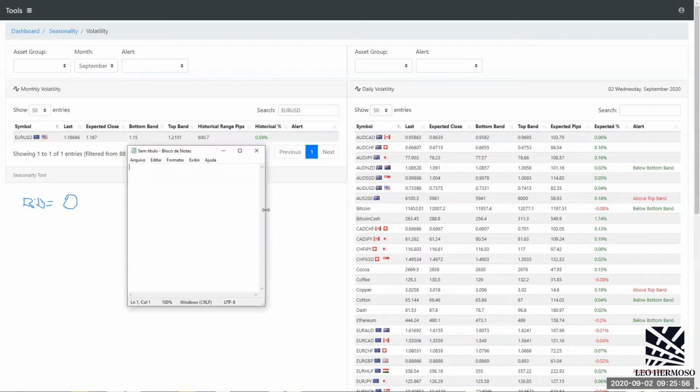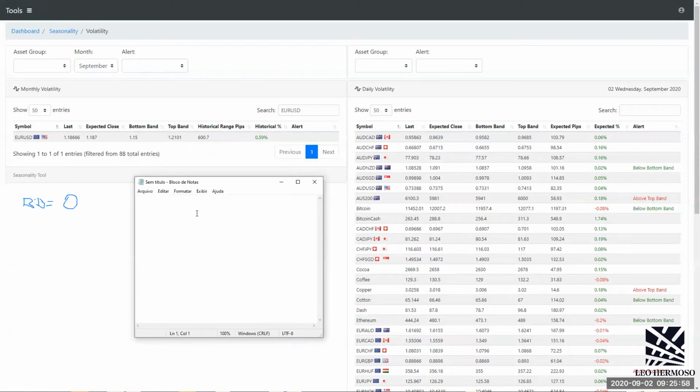So the bottom band is the open for the month minus the historical range divided by 2.